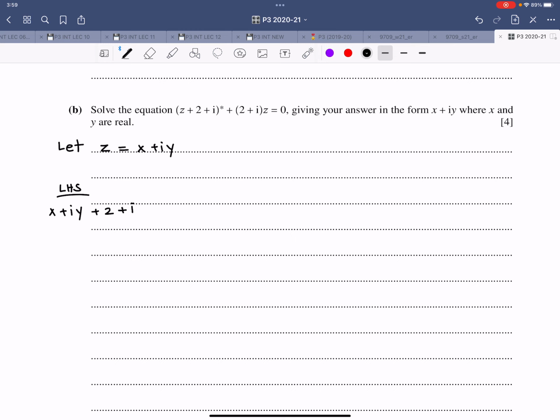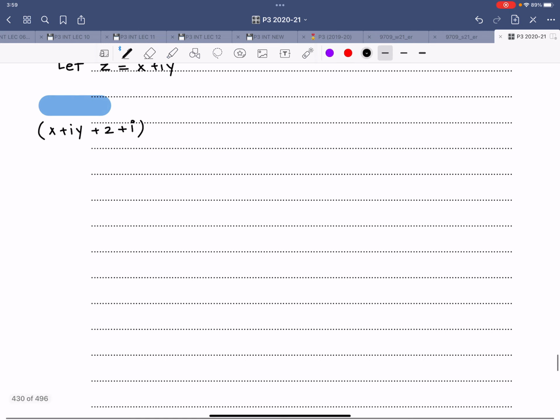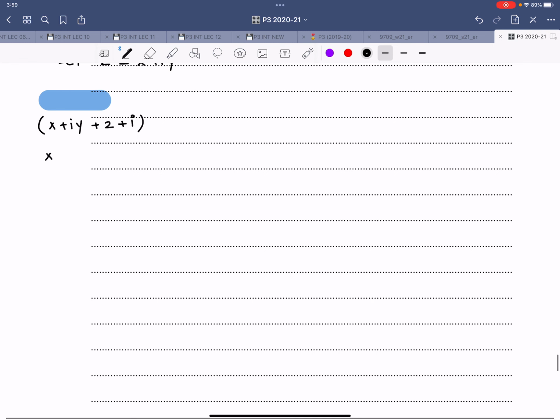I'm first evaluating this. It's actually not the left hand side. Actually, everything is the left hand side. This is basically, let me highlight it, this part of the equation. I'm focusing on this one. So now write the x with the 2 and the iy, this is i plus iy, that is the next part.